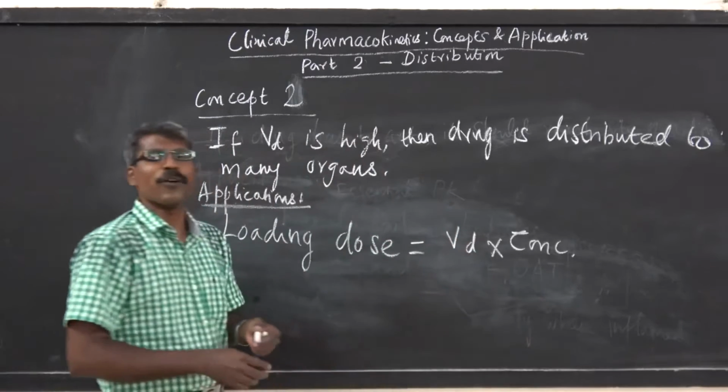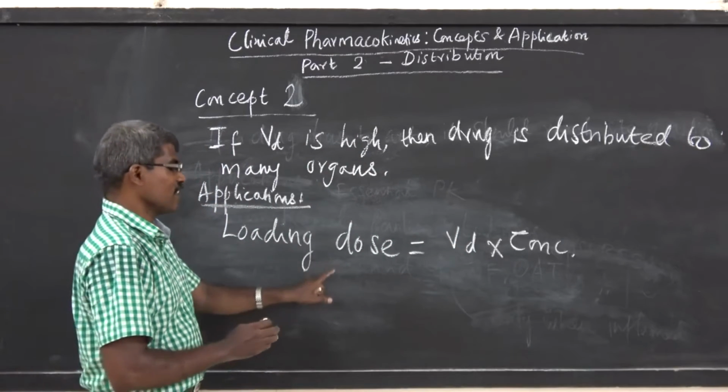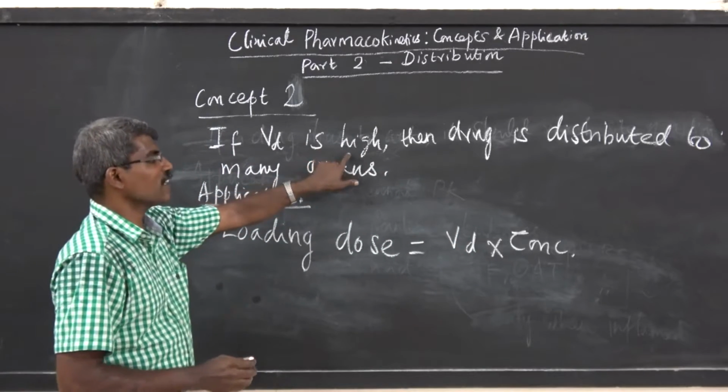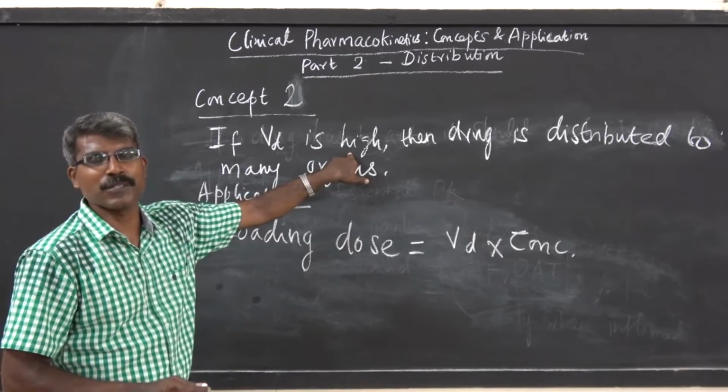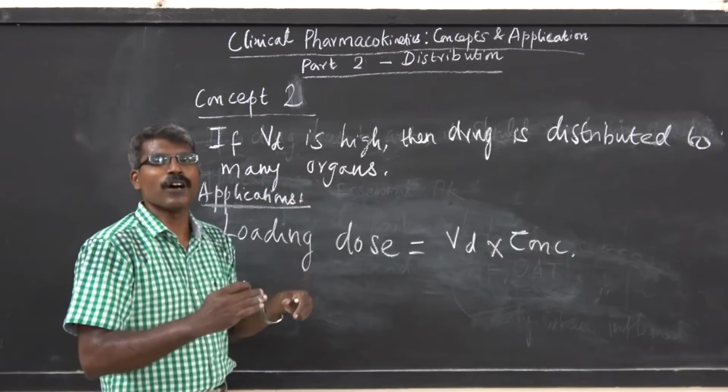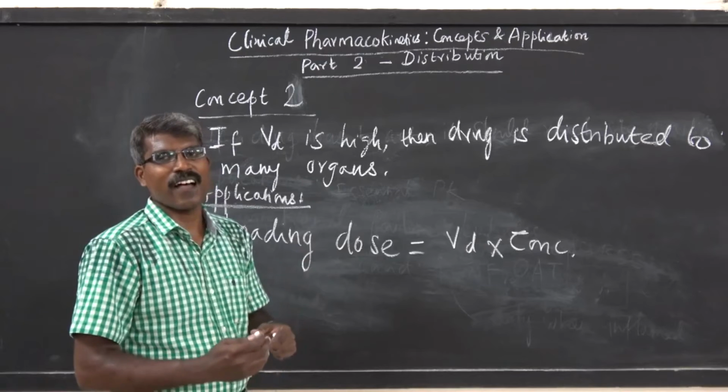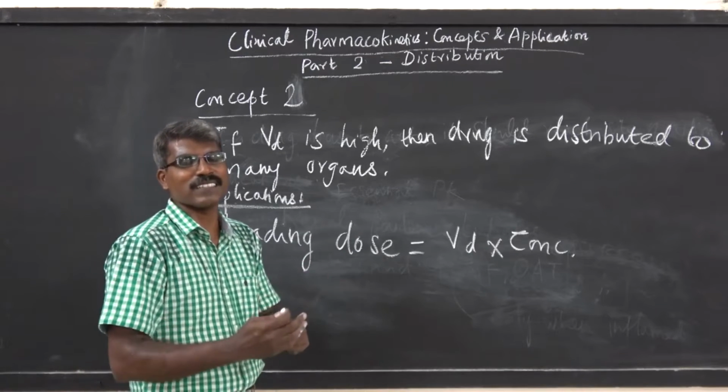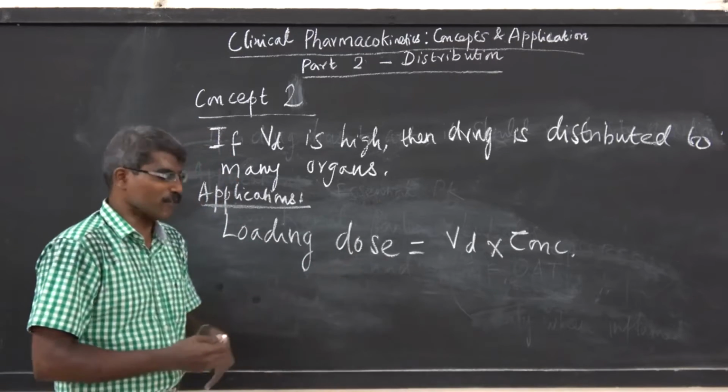So if you know that a drug has a high volume of distribution and you want to make the drug action onset fast, then you need to always put a loading dose.